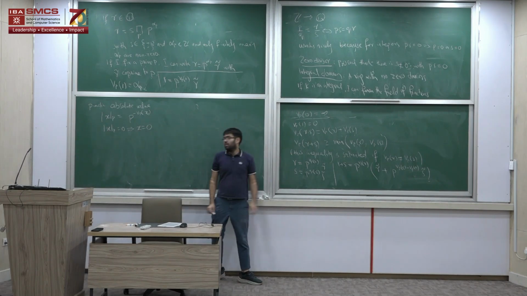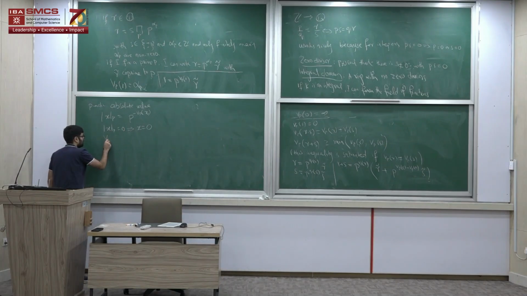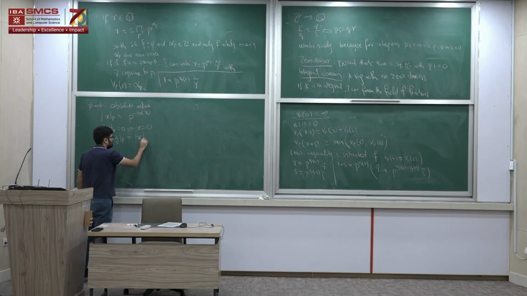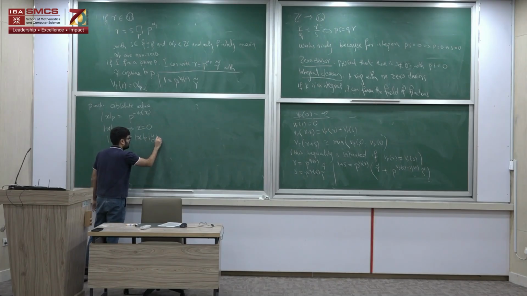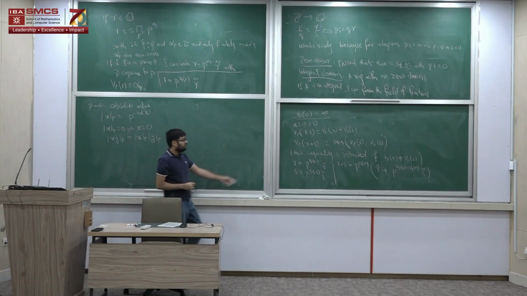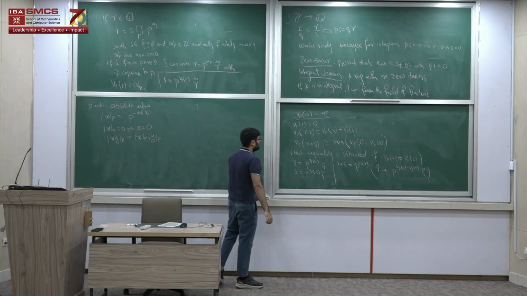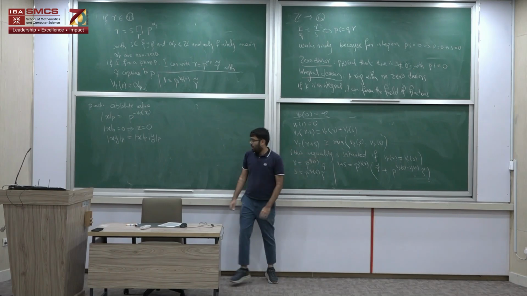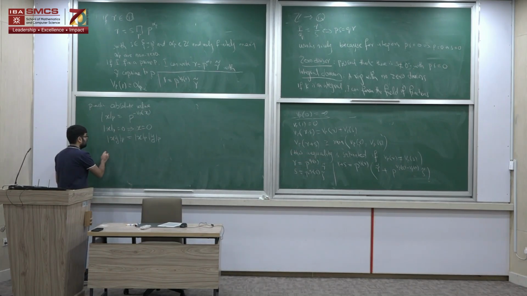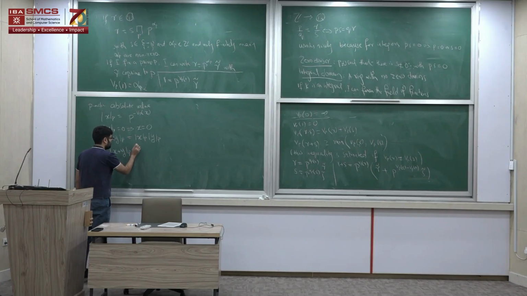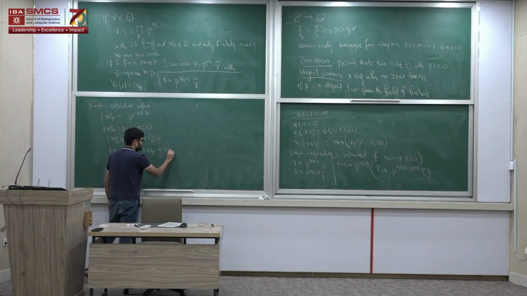So, I have multiplicativity, and then this thing means that |x plus y|_p is less than or equal to |x|_p plus |y|_p.